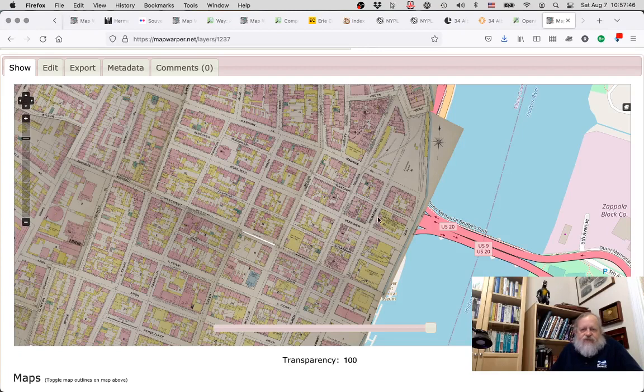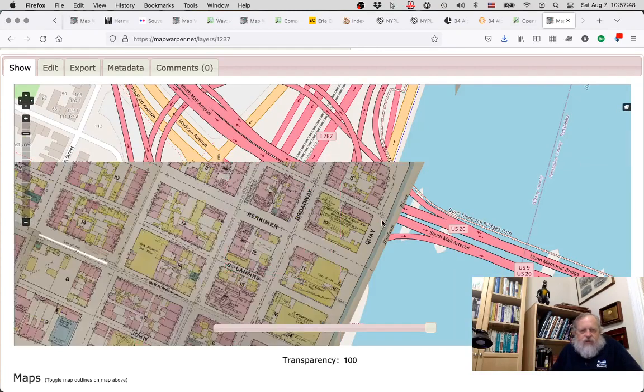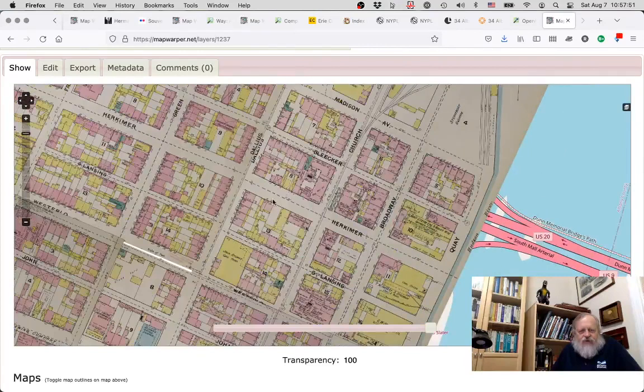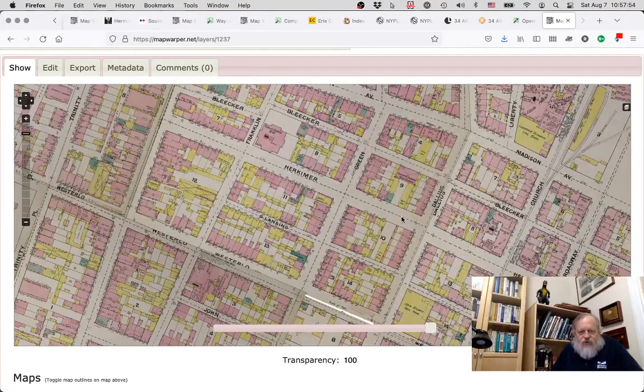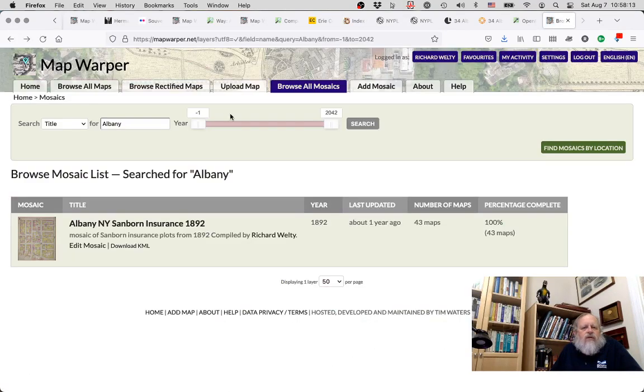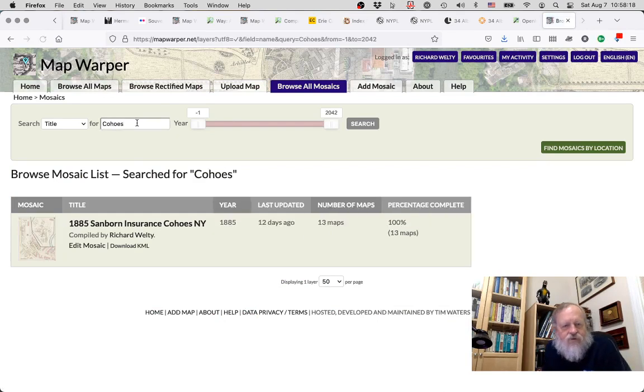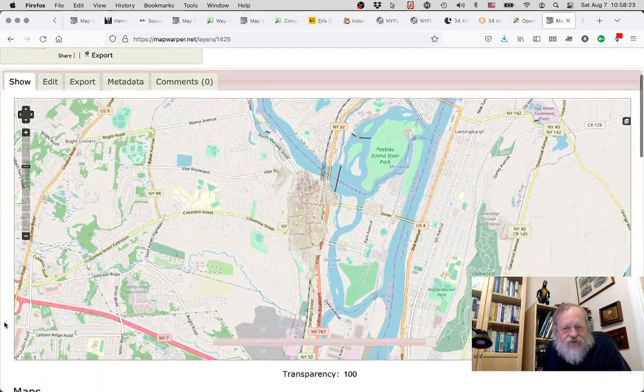But the thing is that the Sanborn tiles are typically only 4 or 5 blocks tops, and so you end up really needing to build a big mosaic like this. But the accuracy is really good, so I'm happy to continue using them. And most recently I used the 1888 Sanborn insurance maps of Cohoes.